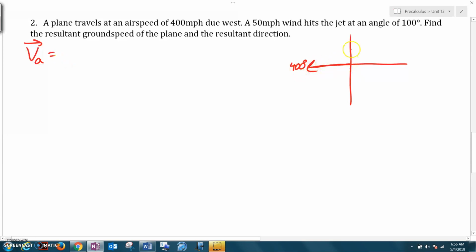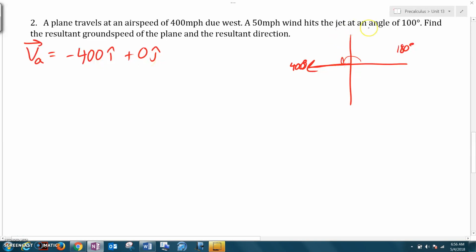Because it's at one of the four quadrant lines or axes, that's just a movement in the x direction only. So it's going to be negative 400 in the i direction and nothing in the j direction. Now, if you're not sure, you could have said that this angle was at 180 and done the formulas. You could have said 400 cosine of 180 and 400 sine of 180.